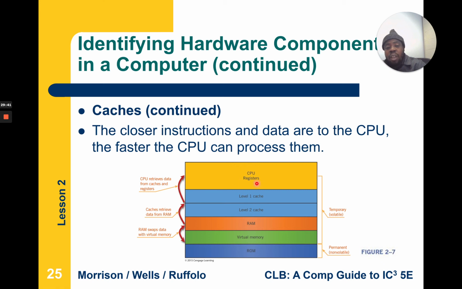If you are moving information from CPU to RAM, it's fast. But when you press Ctrl S to save your information, it goes to ROM. So level 1 cache and level 2 cache are a kind of auxiliary memory to hold the trash information, temporary and volatile.